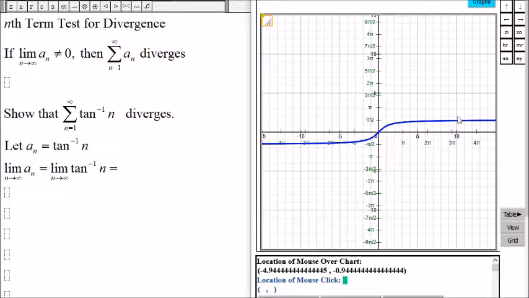and if we look at the graph of tangent inverse of x, so this is the graph for tangent inverse of x, we can see that as x approaches infinity, or x gets larger and larger and larger, the y approaches pi over 2. So as x gets larger and larger, y will go to pi over 2.